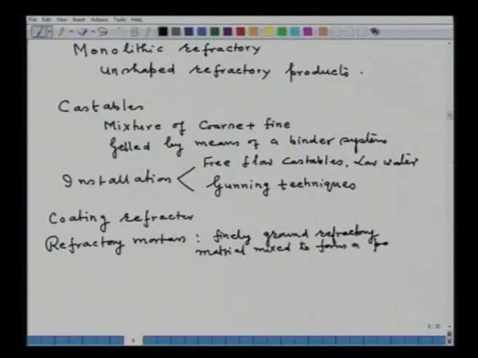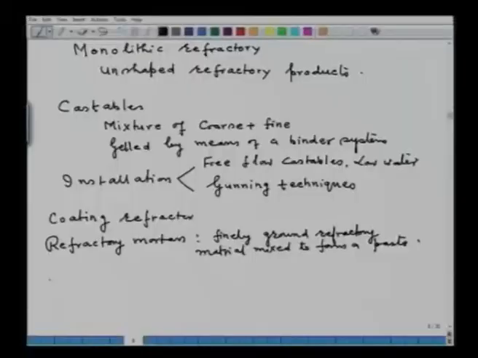Now, these refractory mortars are used for laying and bonding shaped bricks. That means if you have two bricks and you have to bond them, then these mortars are placed in between the two bricks, or for brick laying purposes these refractory mortars are used.